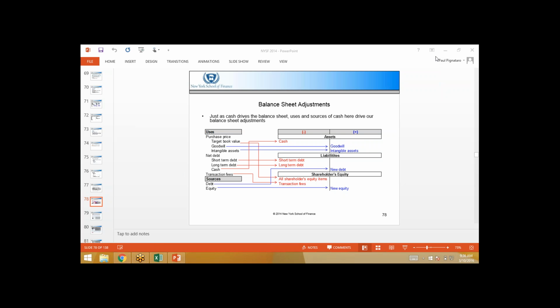So for example, the purchase price. How do you represent the purchase price on a balance sheet? What does the purchase price become on the balance sheet? This is probably the most difficult one and confuses people. How do you think about the purchase price?